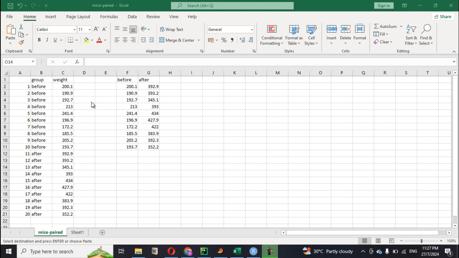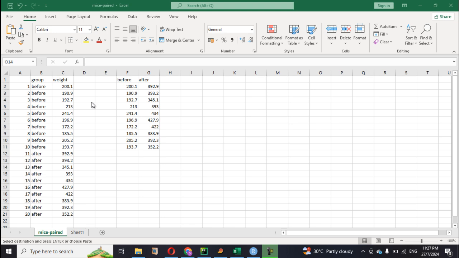Now we look at mice, for example. We checked their weight before we introduced our experiment, and after the experiment we checked their weight again. So we have 2 data points for the same specimen: the before weight and the after weight.